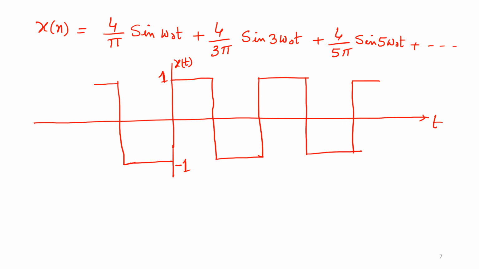Now if I consider only the first component, it is 4 upon pi sine omega naught t. This is your T naught, one time period, this is 0, this is 2 T naught, like that. Within one time period, this is the first sine omega naught t. The frequency is omega naught. And what is the amplitude? Amplitude is 4 upon pi, and pi is 3.14, so this is more than 1. How can I draw this?